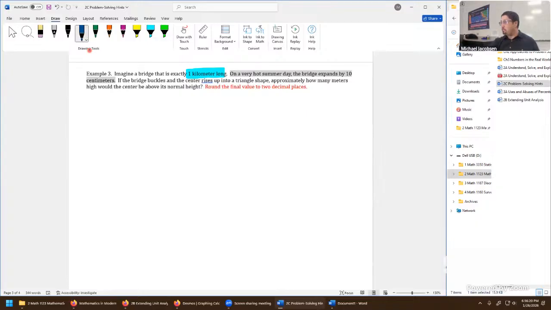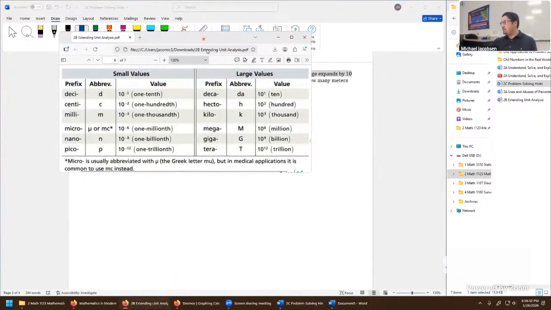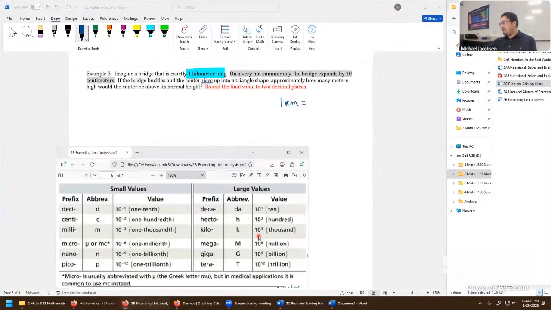Probably will help if we write this in blue to capture the information above. So here to here is the 1 kilometer. 1 kilometer, if we see our guide on units from the last section, is just 10 to the power 3 meters.